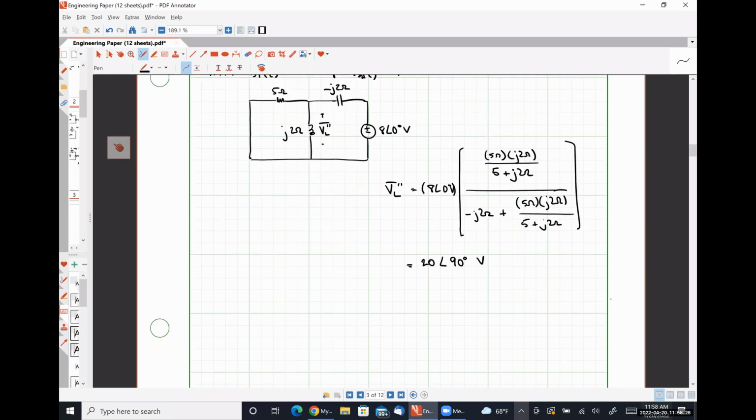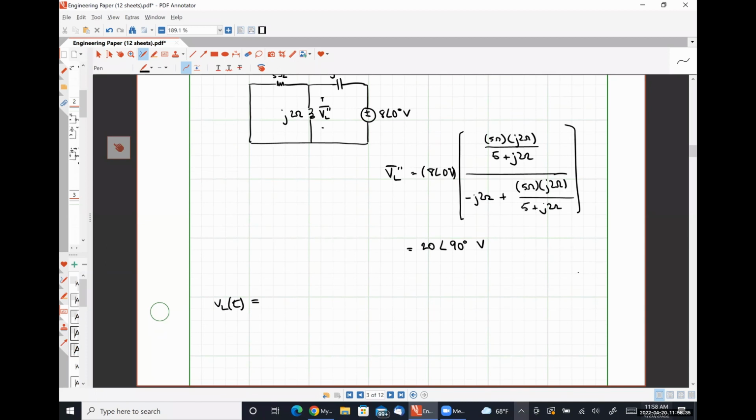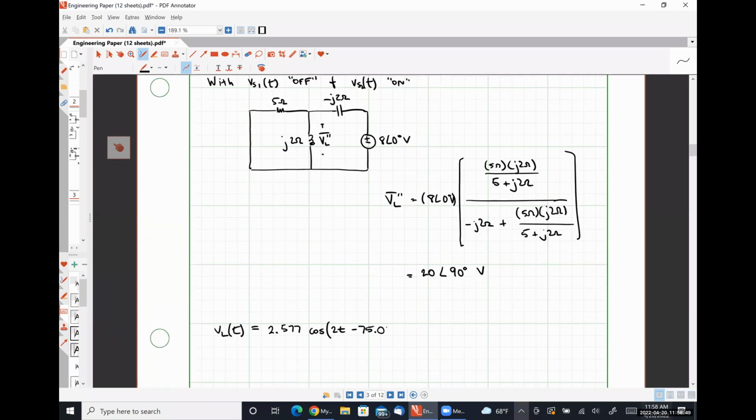So VL of t would be 2.577 cosine 2t minus 75.068 degrees plus 20 cosine t plus 90 degrees volts. It cannot be simplified further than this.